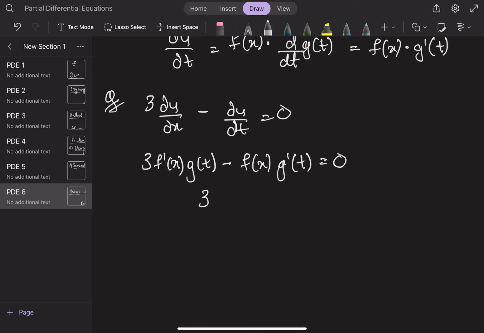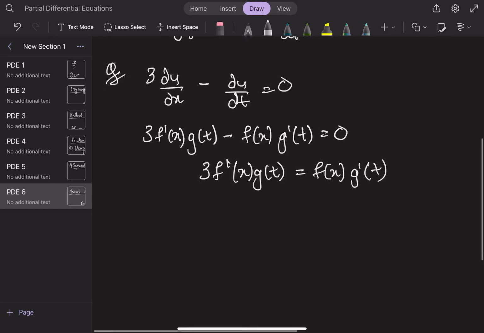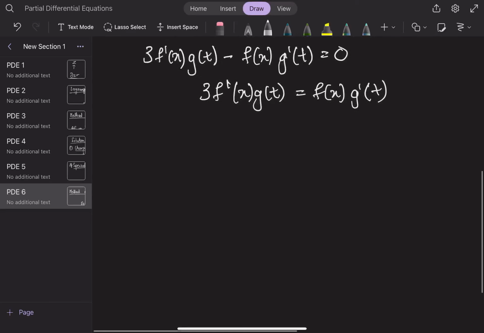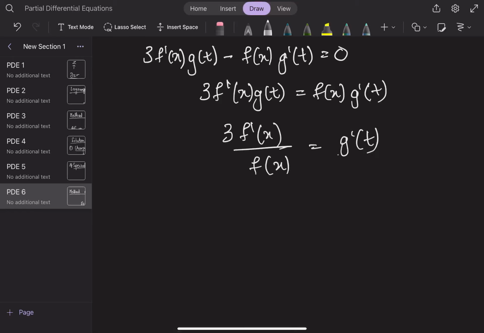So let's write this as 3 f'(x) g(t) is equal to f(x) g'(t). Let's modify this a little so it looks the same. Let's assume this is equal to k.